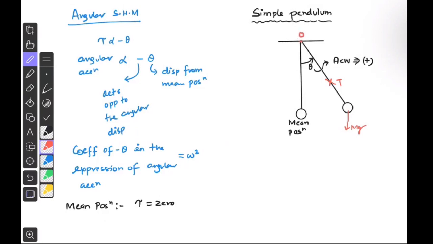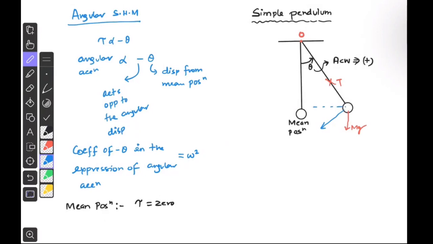So about O, if I ask you to calculate the torque due to the tension force, it will be 0, because you see the line of action of the tension force is crossing the point of suspension. So torque due to T is 0; the only torque we have is due to mg. To find the torque due to a force, I can find the component of the force perpendicular to the radius vector.